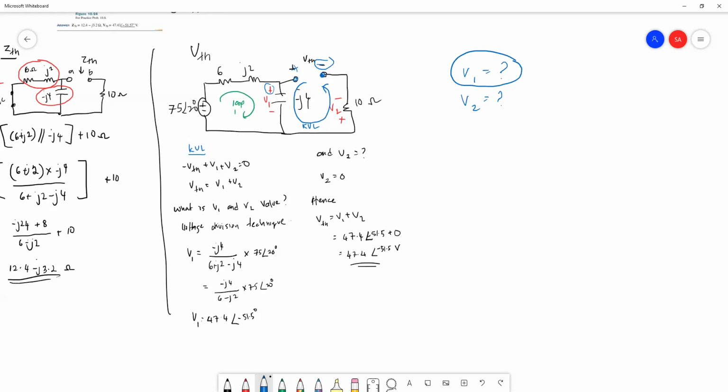V1 you can get using this loop. There is a current flowing here. I would like to highlight, what is the current flow here?